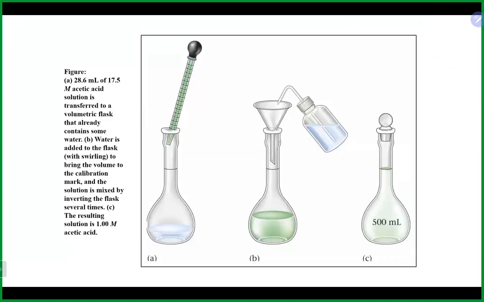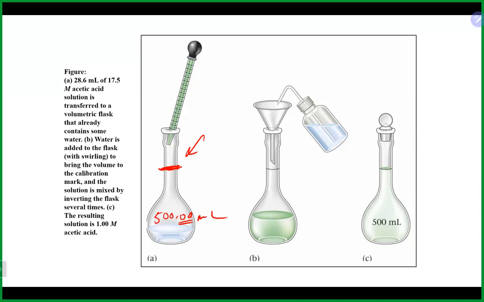So when we do a dilution, there's a couple of ways we could do it. The fancy way is using a volumetric flask. The word volumetric usually means expensive, so you shouldn't break those things. It usually also means it has just one marking on it. That one marking represents the volume of the flask, and usually with volumetric glassware you go to two decimal places.